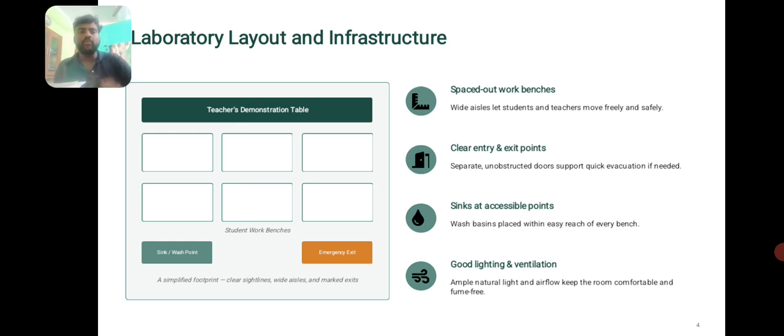And last of all, good ventilation and lighting. That means a laboratory room requires good ventilation and lighting that keeps the room feeling fresh and clears out any hazardous chemical smells.